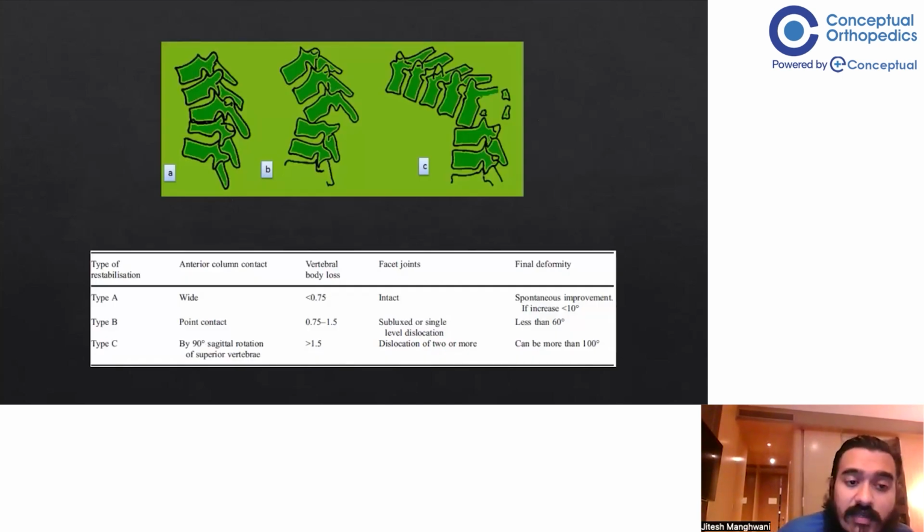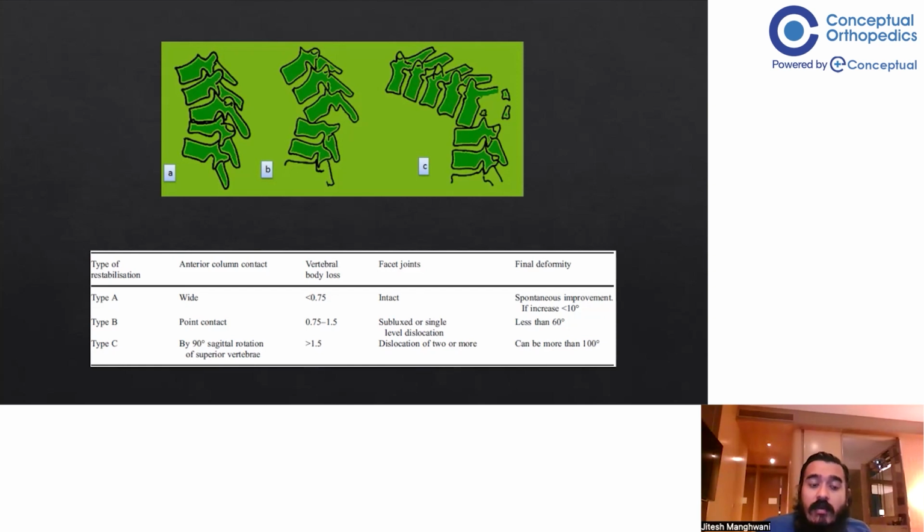So there are three types of restabilization: type A, B, and C. So what do we mean by restabilization? Restabilization is basically, once the infection happens and the destruction happens, how much would be the final deformity? So this restabilization A, B, and C would be dependent on the integrity of the anterior column, the amount of vertebral body loss, and the facet joints.